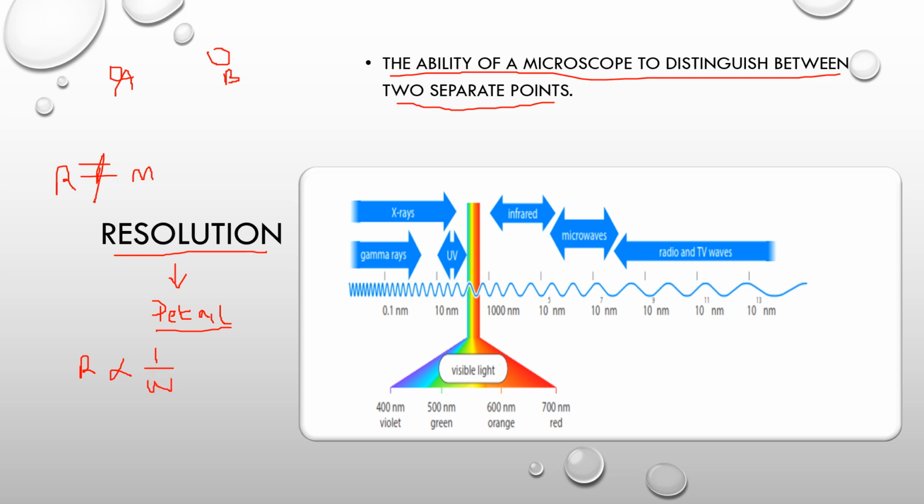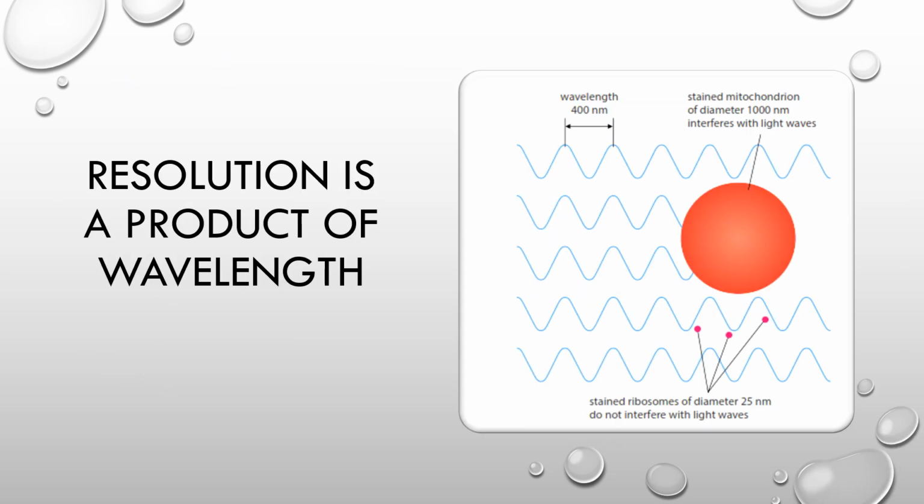Very, very important. Another thing I want you to learn is that resolution is a product of wavelength. Now, if a microscope has a resolution that is smaller than the size of the object, what that means is that the object can be seen using that microscope.